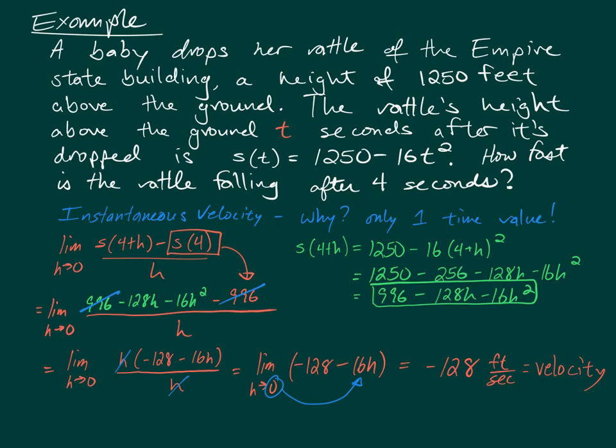Well, the height above the ground as the rattle falls toward the ground is decreasing. So the velocity is negative 128 feet per second, whereas the speed at which the rattle is falling is positive 128 feet per second.